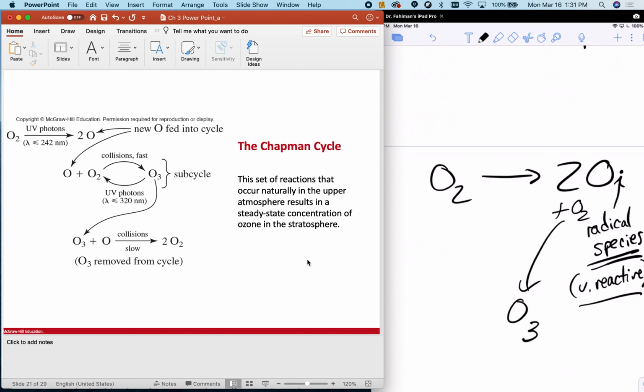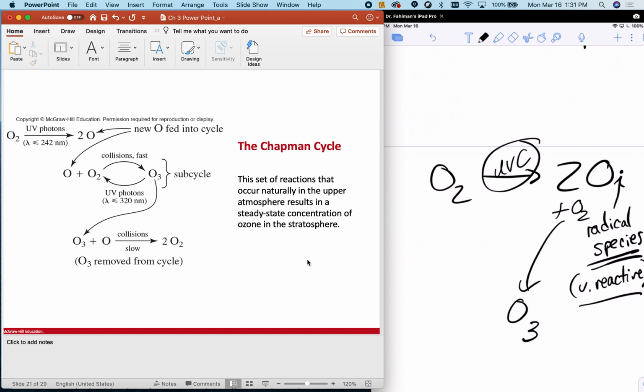So that's really the first part of the Chapman cycle, where you're breaking apart oxygen, and that is by, again, the UVC. That's why all of the UVC radiation doesn't reach Earth or the troposphere, because of these reactions, really.